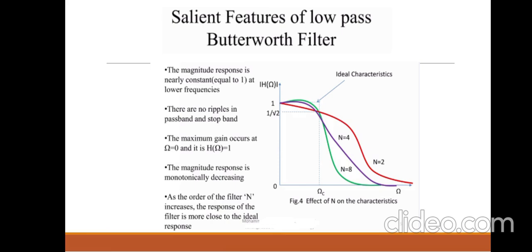N is nothing but the order of the filter. If we go on increasing the order of the filter, the Butterworth filter approximates the ideal response, as can be seen from the given figure.